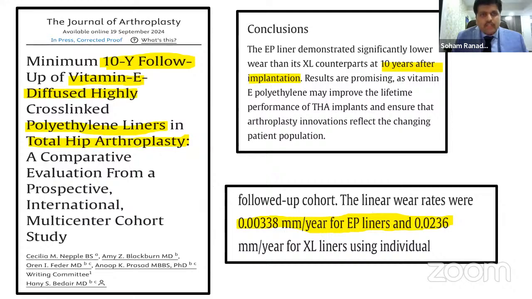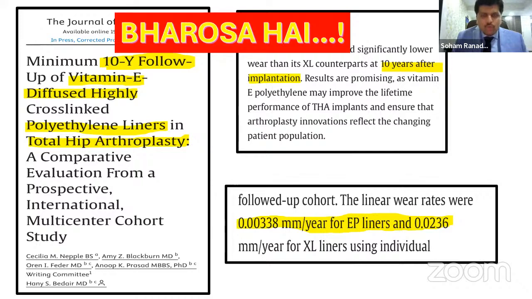Recently, there is a study in the Journal of Arthroplasty in September giving 10-year follow-up of vitamin E in THR. And there is promising data, so to say, that the wear rates are 10 times lower in a vitamin E soaked liner as opposed to a conventional liner. Therefore, there is hope we have a winner in the future.